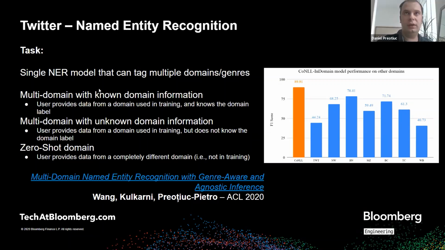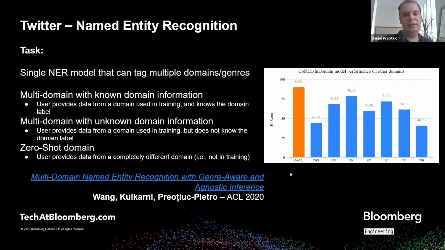Yeah, and then another setup that we have for named entity recognition, again work with some colleagues from our team at ACL this year as well, was around domain adaptation.